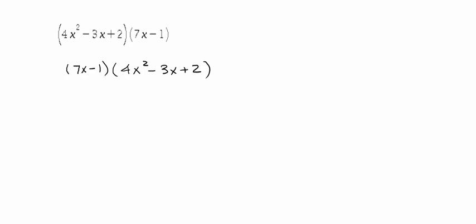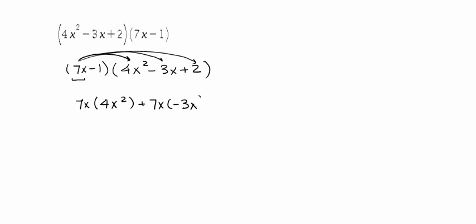So again, here we go. We're going to take this first term, and I'm going to multiply it to each term of the second trinomial, right? So I have 7x times 4x squared, plus a 7x times a negative 3x, plus a 7x, right? The 7x is getting distributed to every guy in the trinomial there.